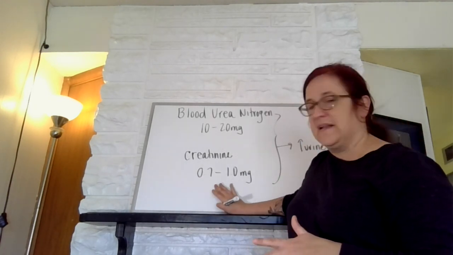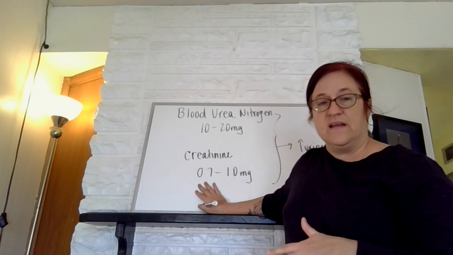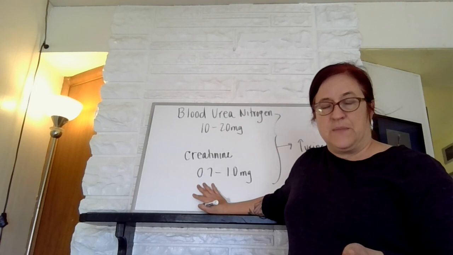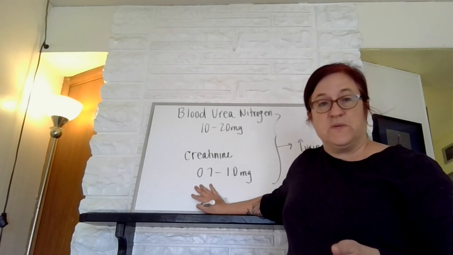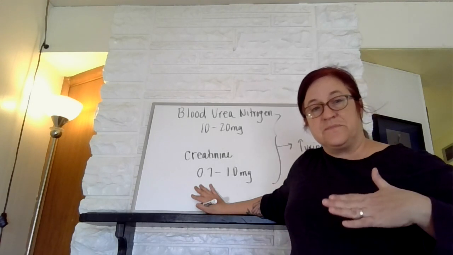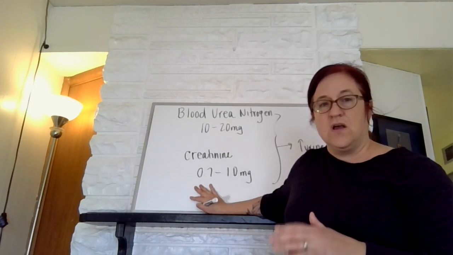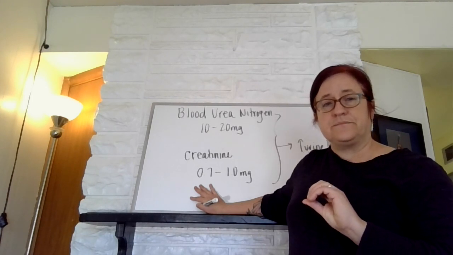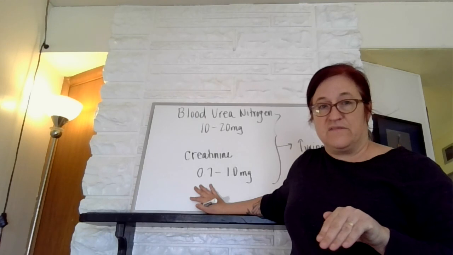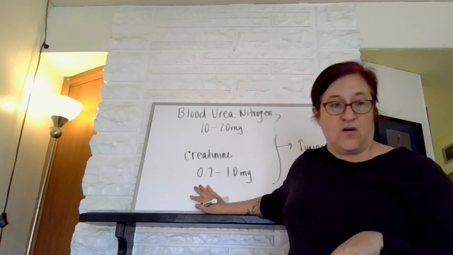If someone's creatinine is usually 0.7 and it goes up to 1.4, that maybe doesn't seem like a lot, but it actually is quite a bit. They've lost 50% of their nephrons, either because of decreased blood flow into the glomerulus for various reasons, or trouble with back pressure in the nephron that's not allowing filtration. And that's what we have to figure out, what is the cause.